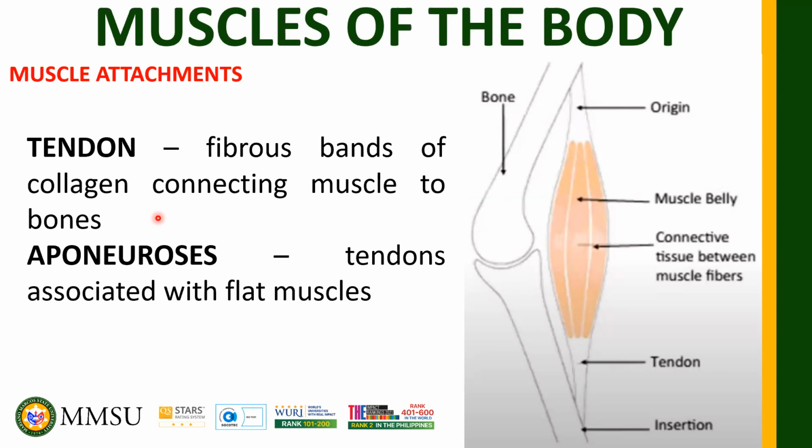Then we have here another one, we have the aponeurosis. So these are just specialized tendons na associated with flat muscles. So more on sheath-like structures sila na nagpro-provide ng malawak na attachment sa mga muscles, kasi sila yung nagdi-distribute ng force over a wider or larger na area.